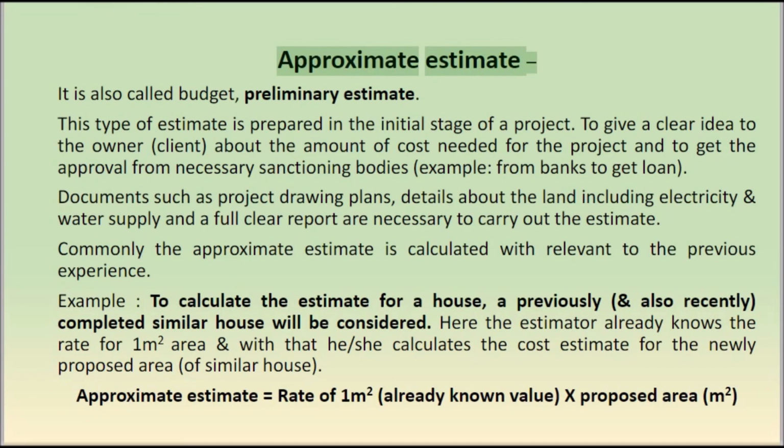Approximate estimate. It is also called budget or preliminary estimate. This type of estimate is prepared in the initial stage of a project, to give a clear idea to the owner or client about the amount of cost needed for the project and to get approval from necessary sanctioning bodies, for example, from banks to get a loan.